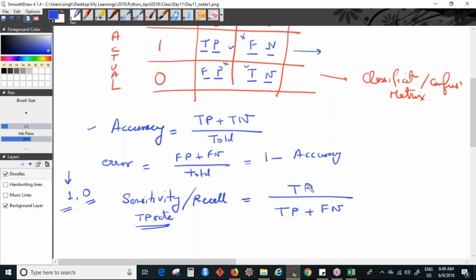What does this tell you? This tells you how many positives you were able to identify out of all actual positives. If you see the denominator, the denominator is these two, and these two are nothing but actual positives. These two are actual ones. So how many positives were you able to identify out of all actual positives?